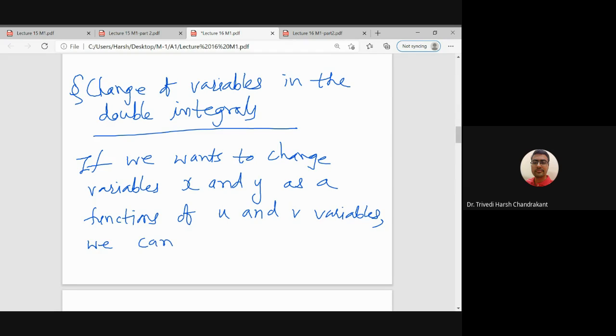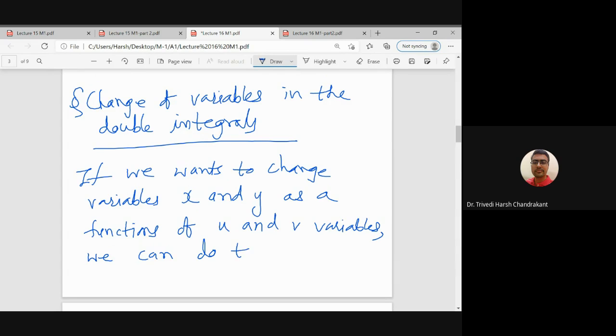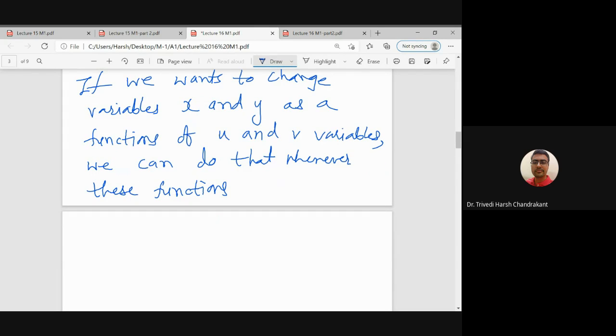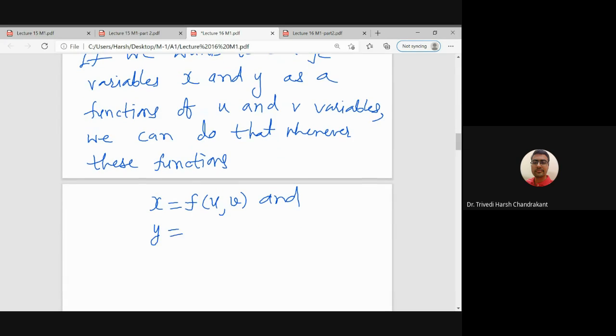We can do that whenever these functions, so our functions are basically x as a function of u and v, and y as a function of u and v, right?